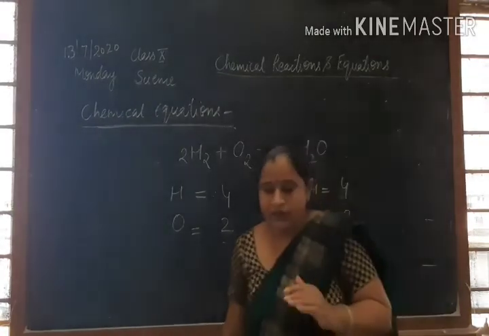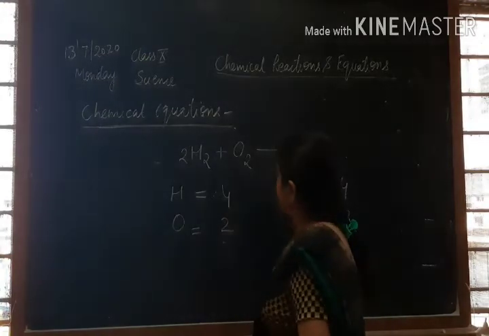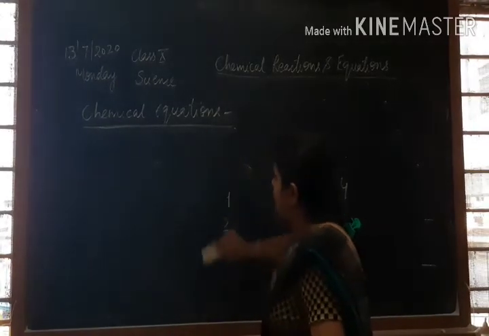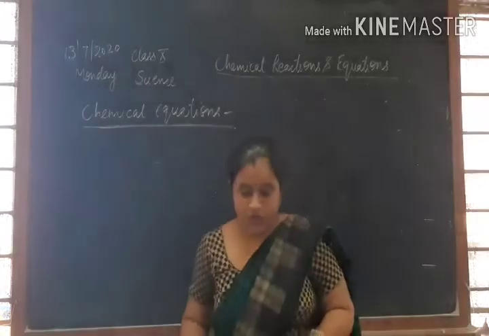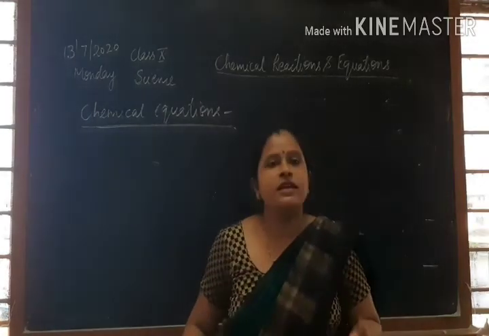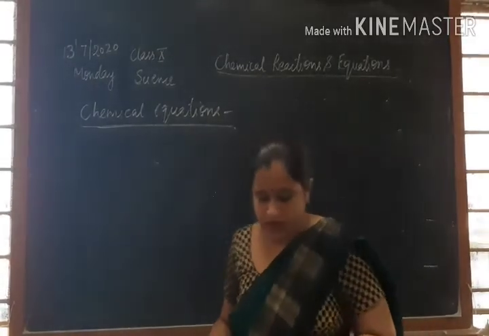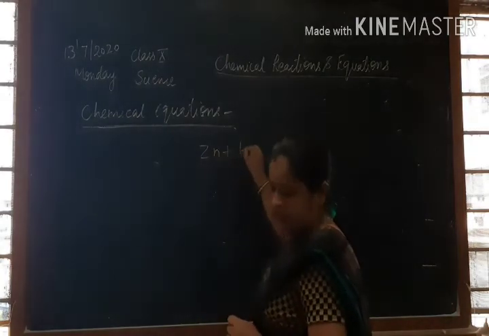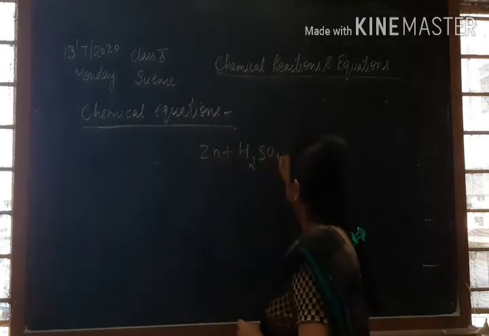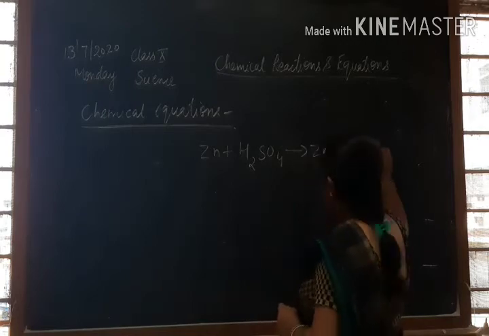Now the next thing is, if we are writing any chemical reaction, students, and we want to make our chemical reaction more informative, how can we make it more informative? Some sort of steps are there. Like suppose we have taken this example first: zinc plus H2SO4 gives ZnSO4 plus H2.